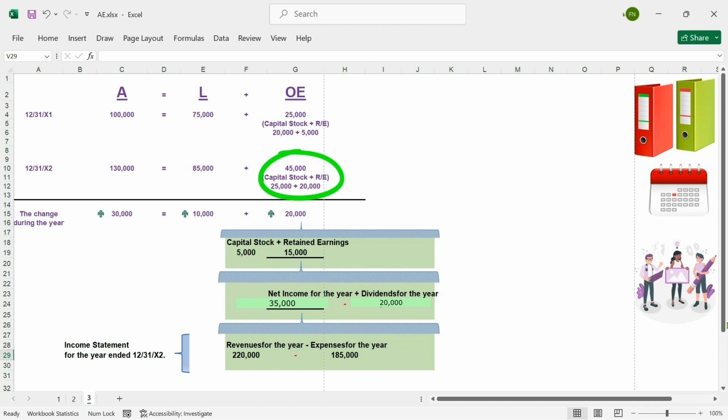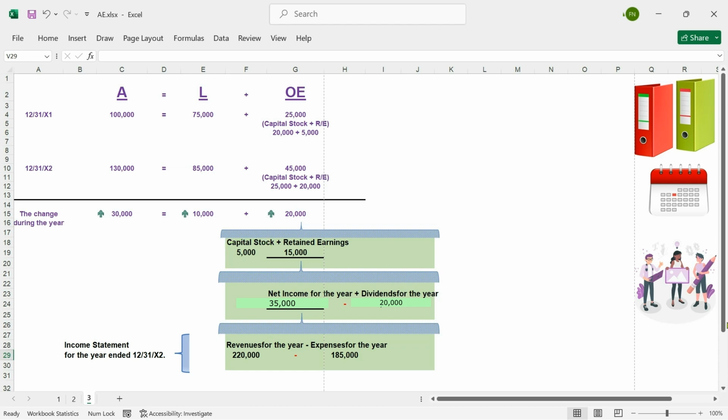So of the $45,000 of owner's equity at the end of the year, $25,000 is capital stock and $20,000 is retained earnings. What has been the change in capital stock? Well, capital stock started the year at $20,000 and is now $25,000, so owners must have made additional capital contributions during the year of assets equal to $5,000. And we'll simply say that the change in capital stock, or the amount contributed in the current year, was an increase of $5,000.